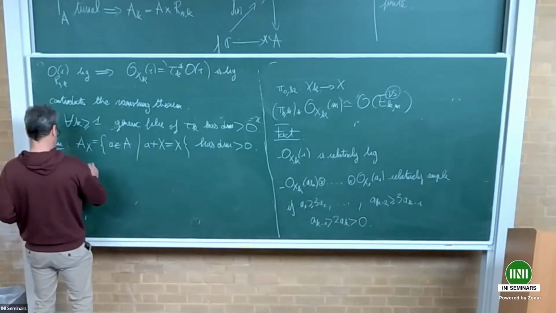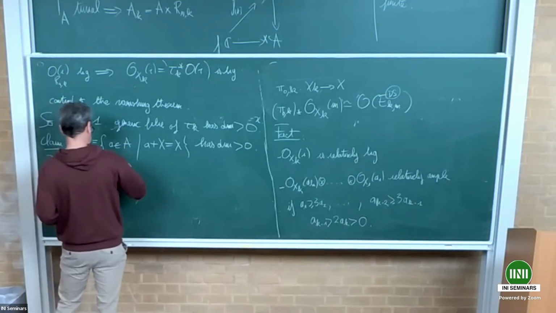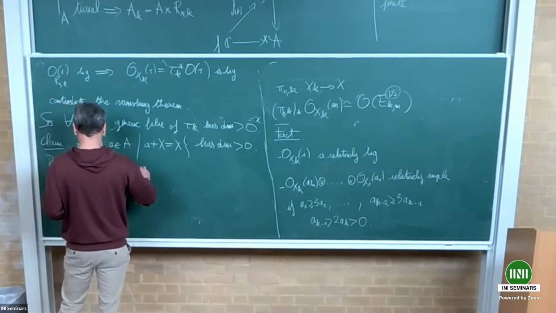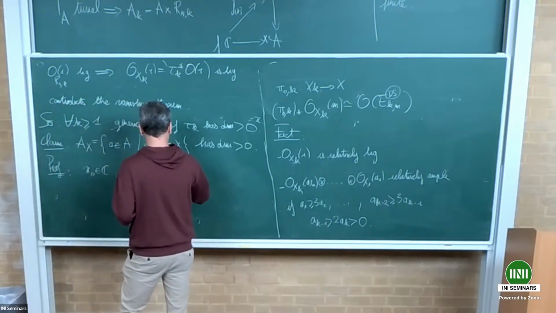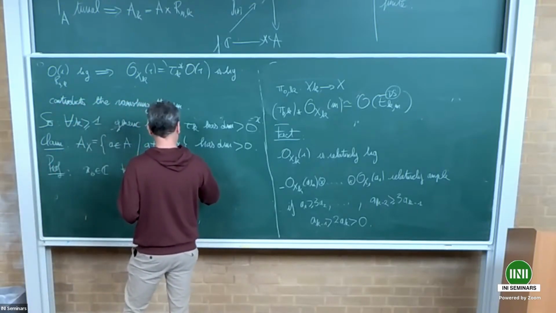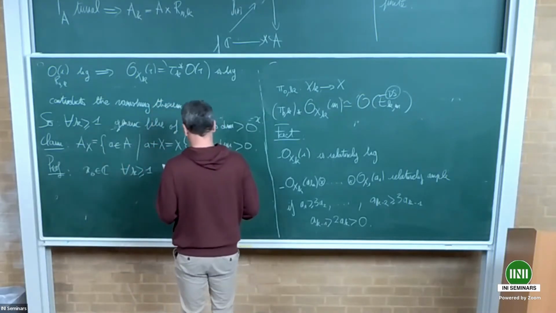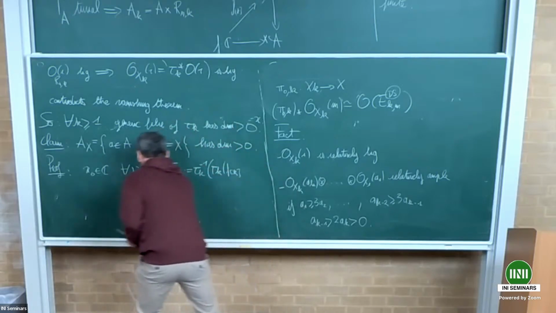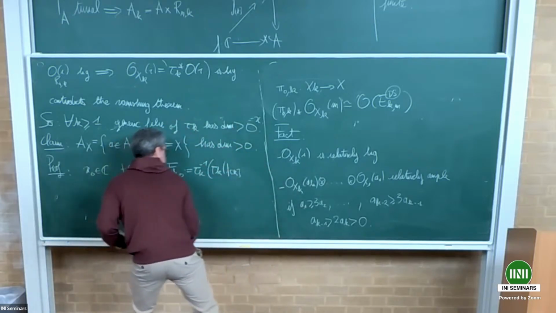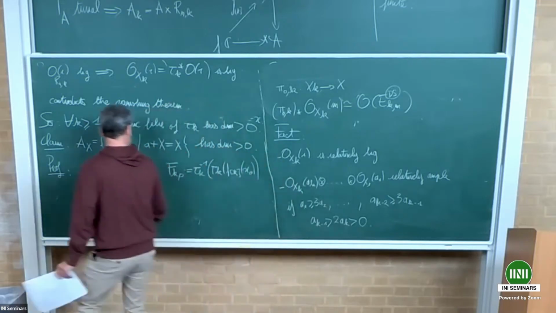So you can find certainly an x0 such that this fiber is positive dimensional, right?